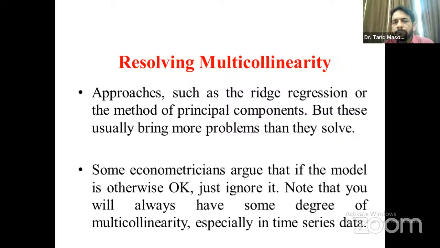So any extreme solution may be problematic for that. There is a suggestion by a number of people that we should not do anything about multicollinearity, especially in time series data.